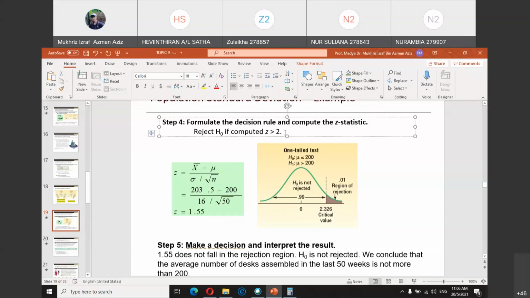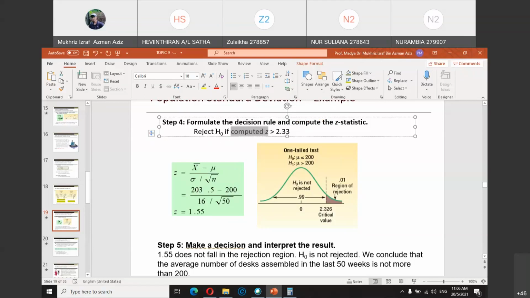I mentioned just now, in step number 4 you need to fill in the critical value. I do not want to see you just put critical Z. In step number 4, you should already know your critical value. This value, of course, is not calculated yet, so you can just leave it as it is.